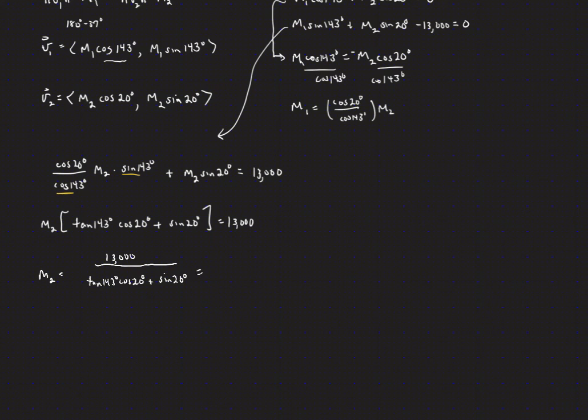So I've got the 13,000 divided by, and then in parentheses, tangent of 143 times the cosine of 20 plus the sine of 20, and I'm going to close the parentheses on the sine 20, close the parentheses on the denominator, and I'm getting here, let's see, I'm getting a negative 35,510.